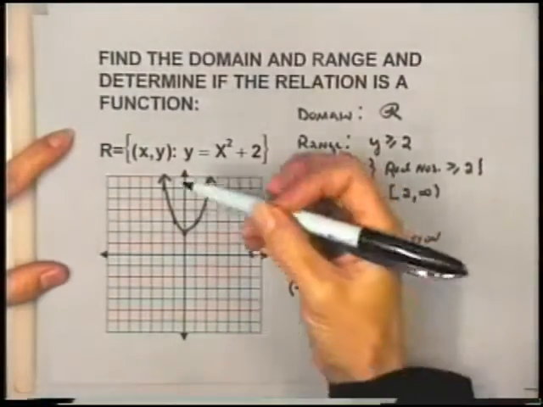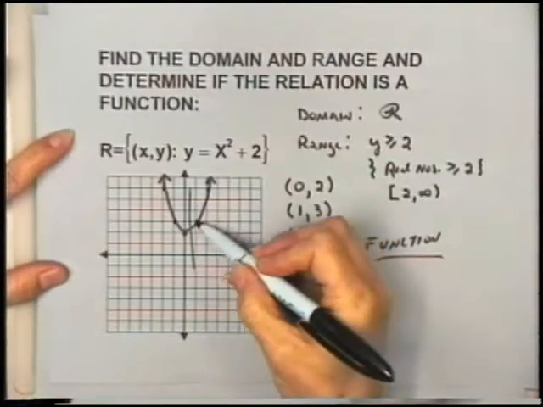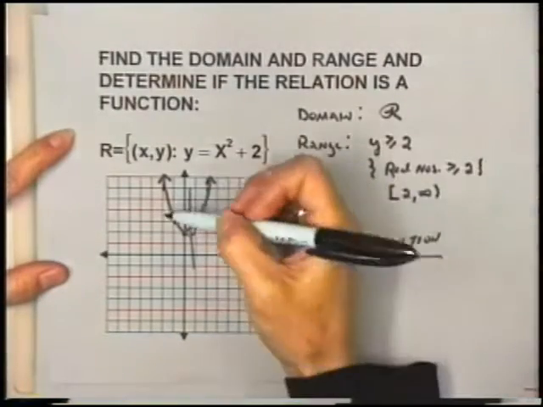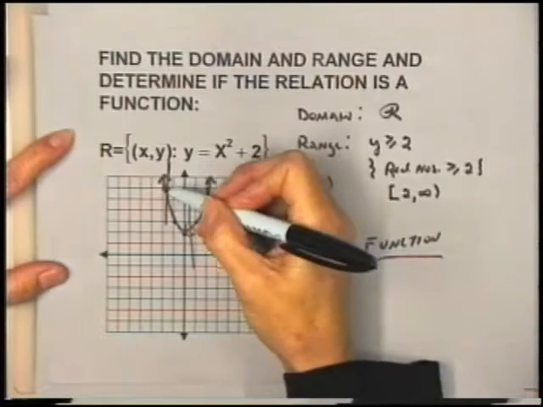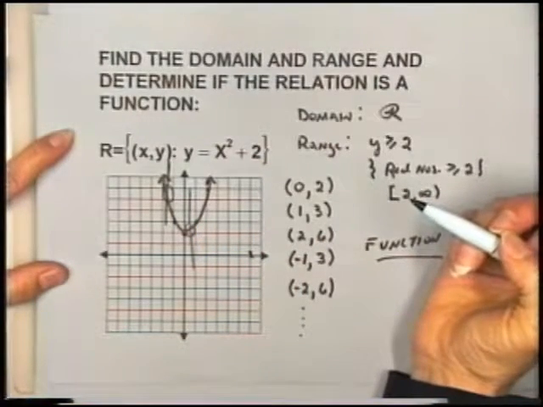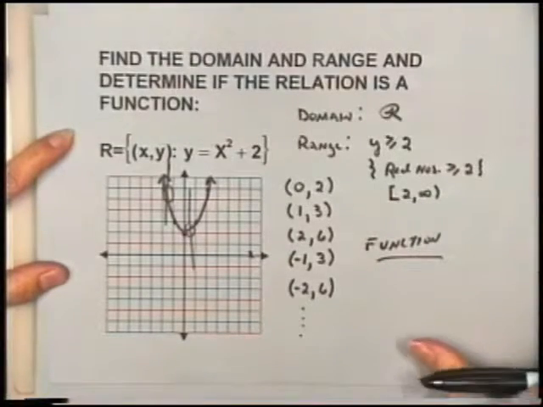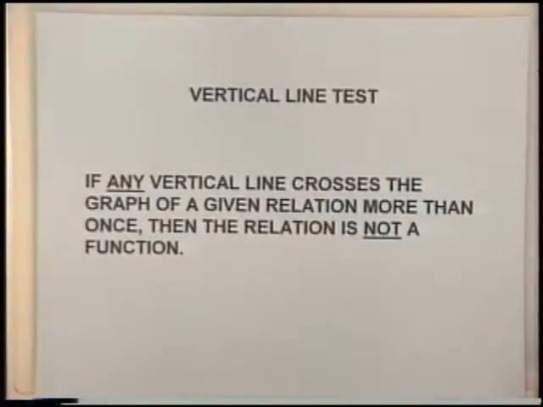Let me come back to this example that we did a moment ago. If I do a vertical line, notice it only crosses this graph once. If I place a vertical line here, it only crosses that graph once, doesn't it? A vertical line will never cross this graph more than once. So from that vertical line test, we have a function.